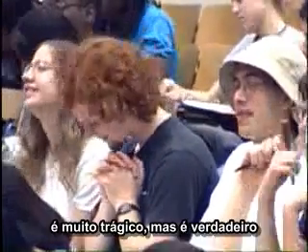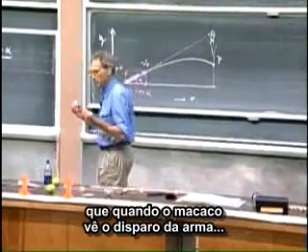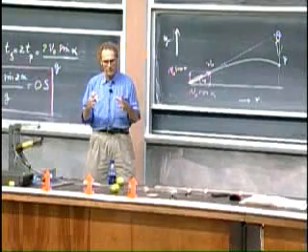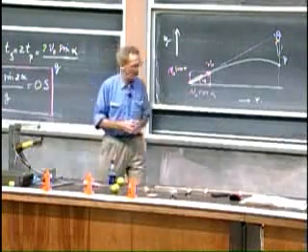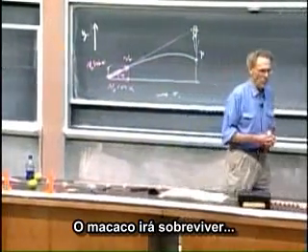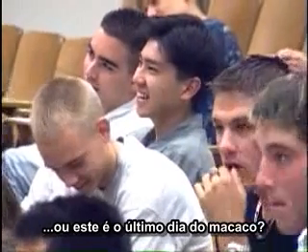Now, it is very tragic, but true, that when the monkey sees the flash of the gun, it lets go. And now comes the question, is the monkey safe, or is this the last day of the monkey?